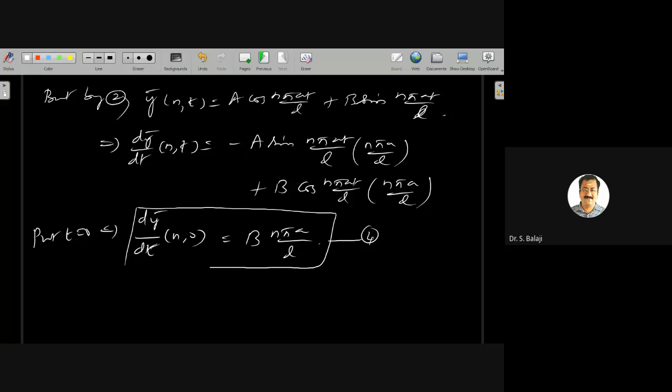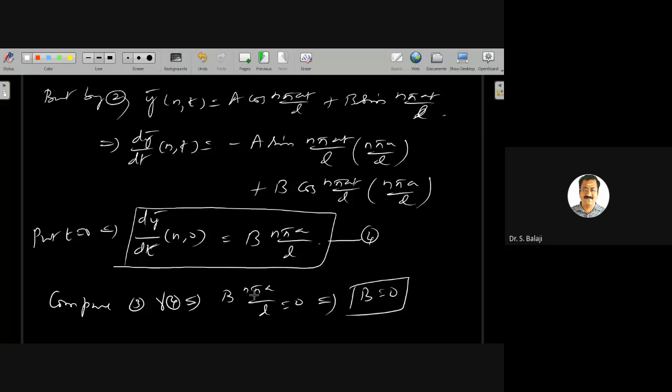So we compare equations 3 and 4. Both are the same. Comparing 3 and 4 implies b n pi a by l equal to 0, which implies b is 0, because n and pi are numbers, a is tension by mass, which is also a constant, and l, the length of the string, is also a constant.